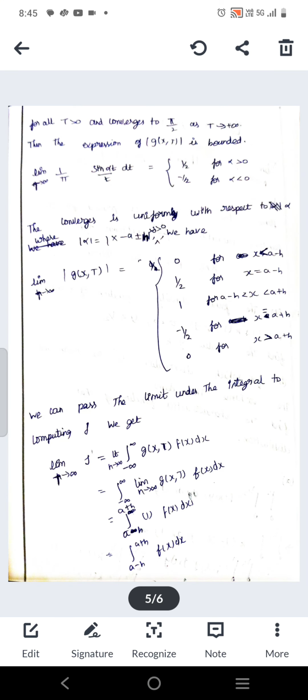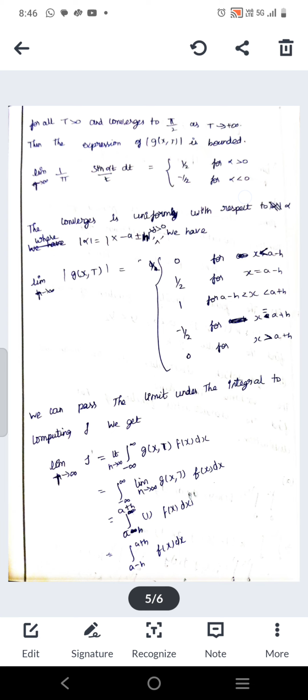Now we have considered it is bounded, meaning my limit t tends to infinity, right? Because it converges to pi by 2, and my limit t tends to infinity. So sin alpha t by t into dt, we get two values. When my alpha is greater than 0, I get 1 by 2.